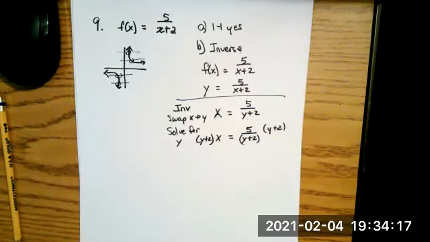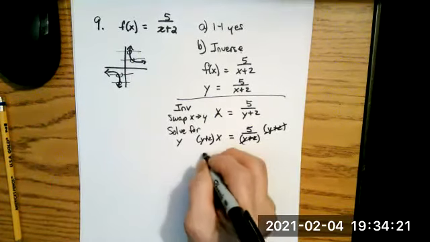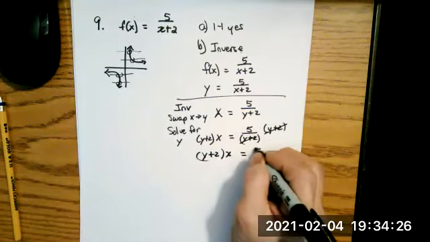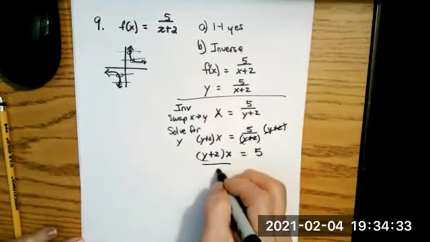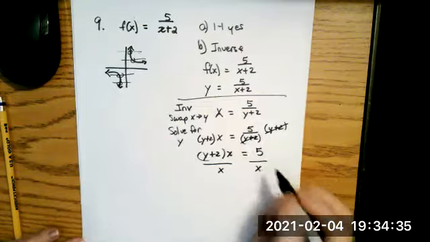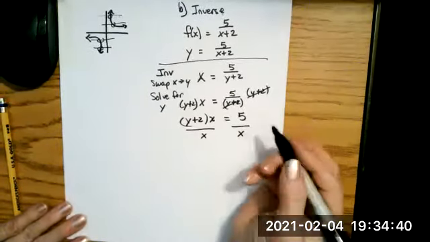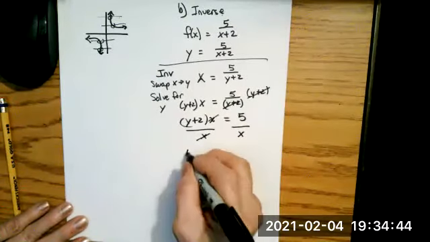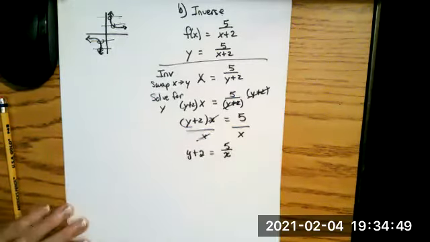I'm going to multiply both sides by y plus 2. Over here, I have y plus 2 times x equals 5 now. And I'm going to do this a little differently than I did it in the notes, if you're looking at them. I'm going to shortcut it a little bit and divide out the x first. And I have y plus 2 equals 5 over x.